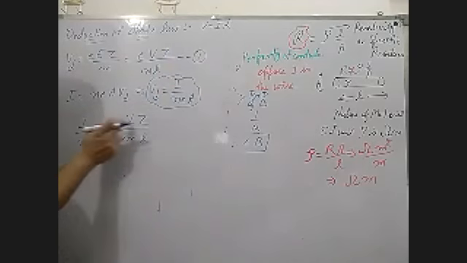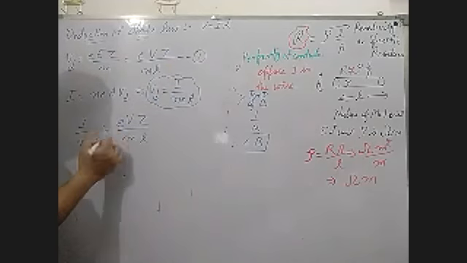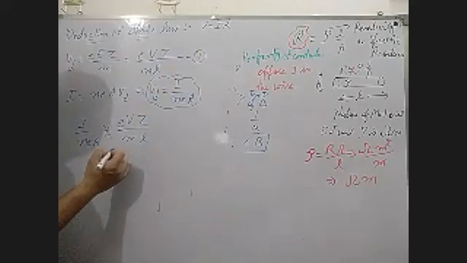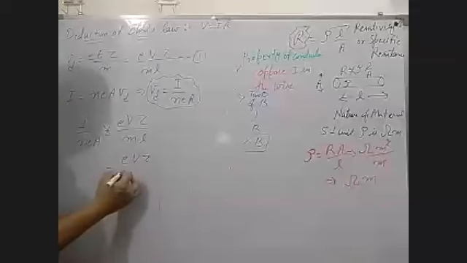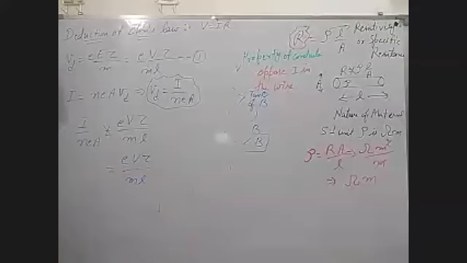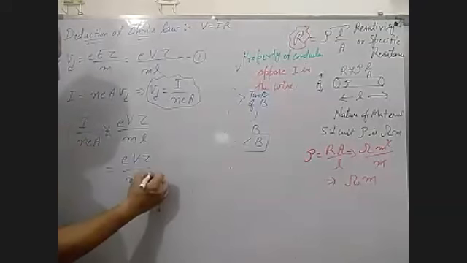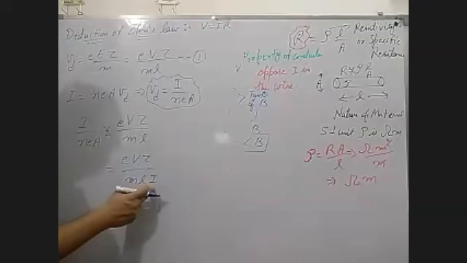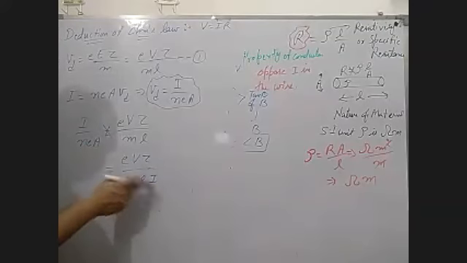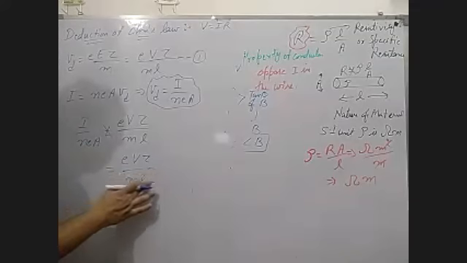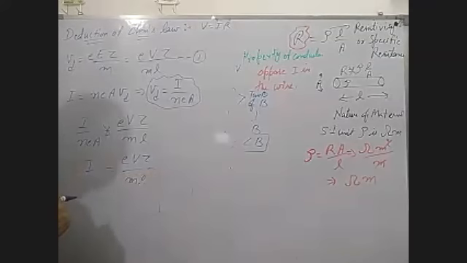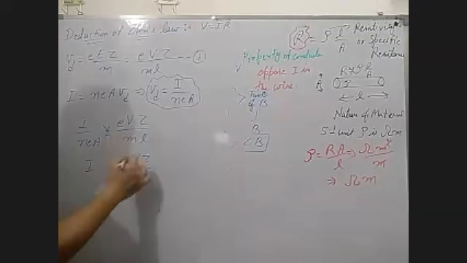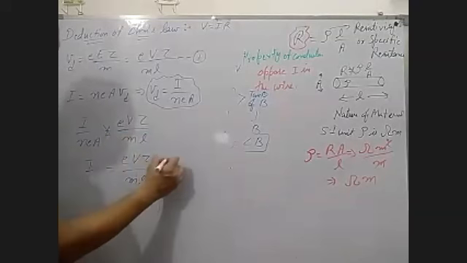Okay. Now solve it by cross multiplication. We can write here I, and V, e tau, this, and eA here.